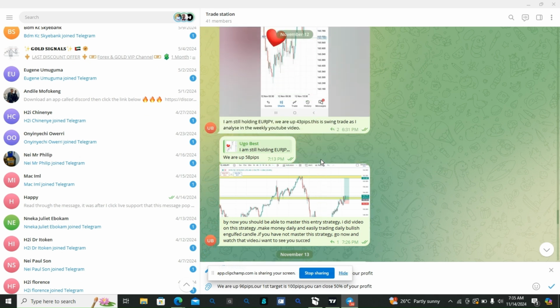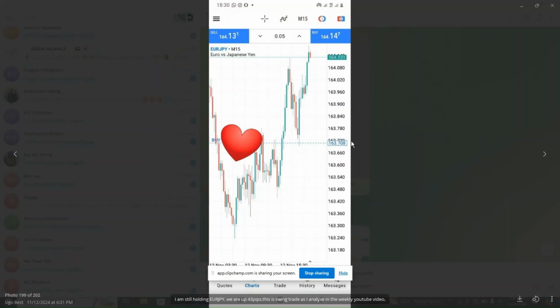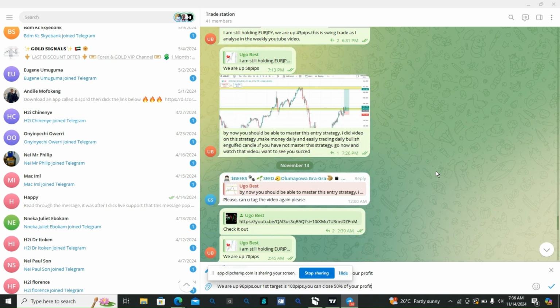I told them that I'm still holding Euro JPY. We are up 43 pips at this zone. You can see my entry, 163.707. That was my entry, and at that time we had moved to 164.131. At that time I was telling my community how to manage the trade, because I guided them.